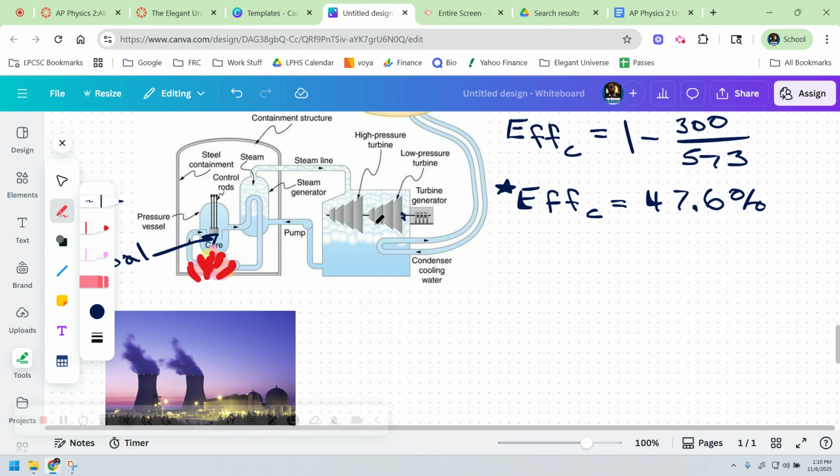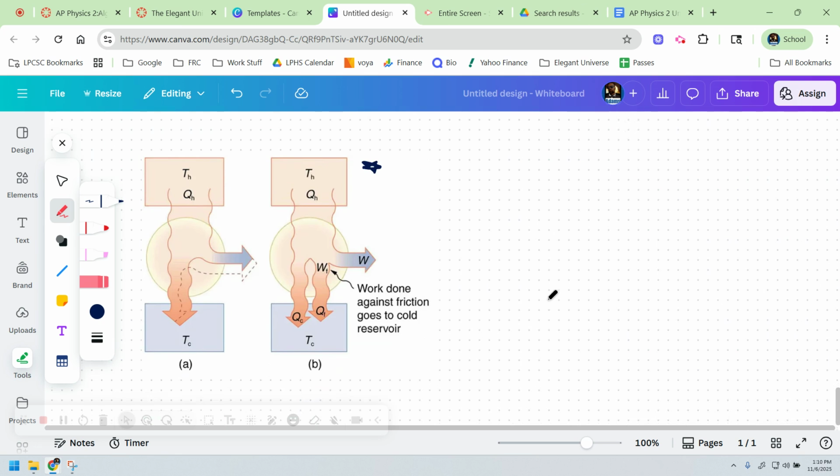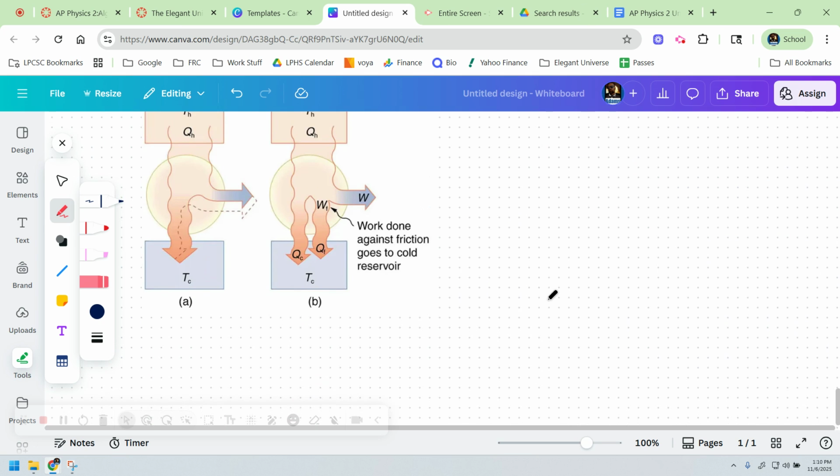The heat might get absorbed by this water, but eventually that heat, because we're past this process, it'll go to the cooling tower and then it'll cool on the bottom. And so that's what they're saying, is it leaves the system, sort of. And there's also work that overcomes friction itself. So this part of that energy gets used up. You could think of it as it's just work overcoming friction, and friction creates heat. And where does that heat go? Well, it's going to go to the cold reservoir, right?